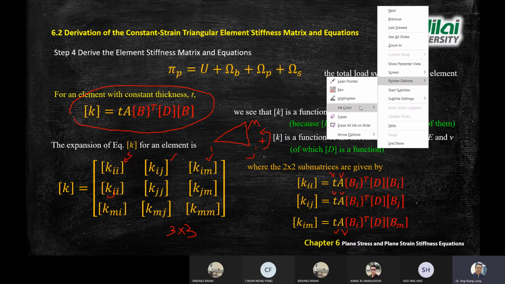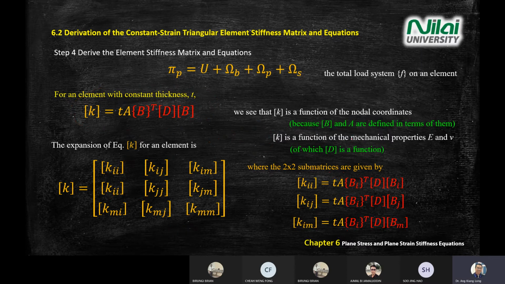As you can see from the PowerPoint slides, the first subscript gives you the first B matrix, and the second subscript gives you the second B matrix.